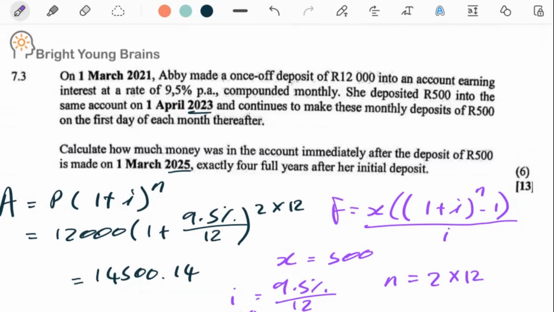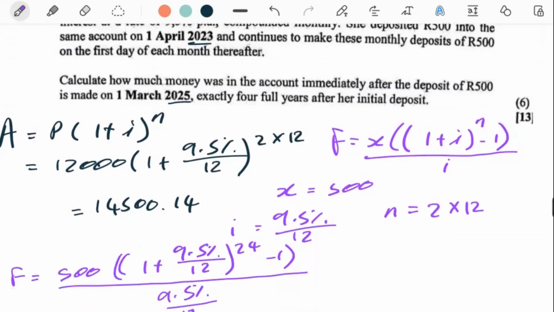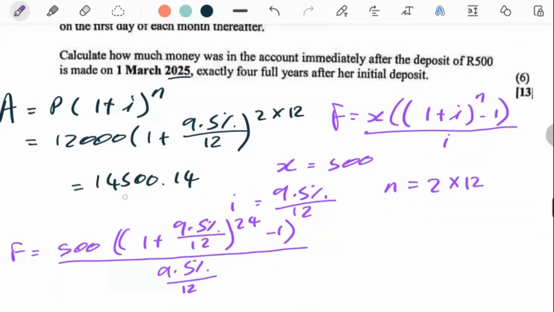So what we need to consider is the fact that the 500 and the 14,500, right? Logically speaking, this amount is gaining interest as well when these 500 rands are being deposited. So yeah, we have to be very careful here.